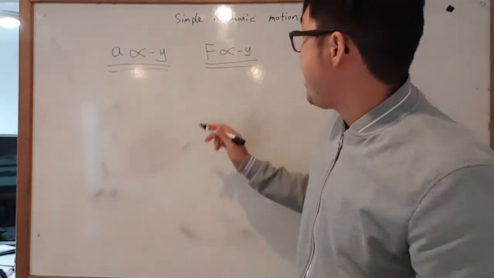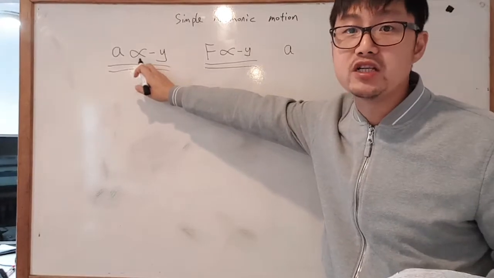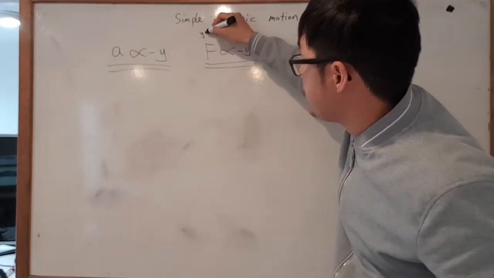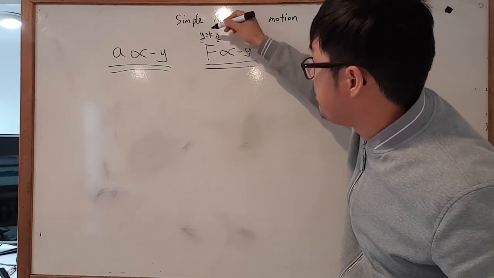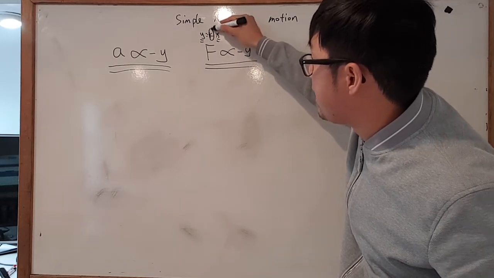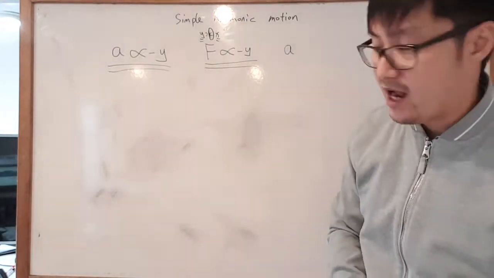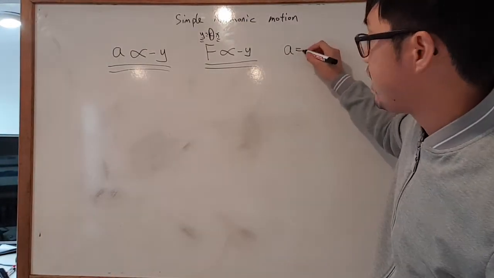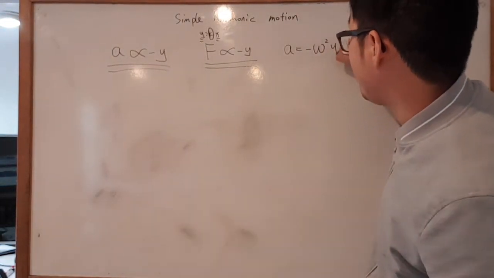And then there is the equation over here, which is how much is this proportion? For proportion, we can say y equals kx, right? y is proportional to x, and maybe it's acting in the negative direction, but there is a ratio over here, and that ratio is the value. So what is that value? That value is going to be omega squared y, okay?